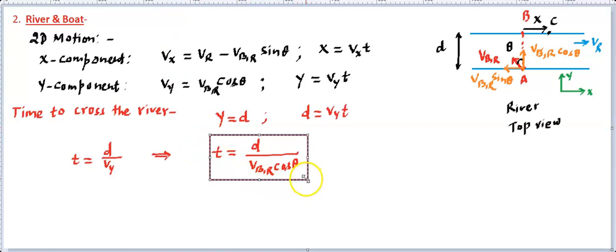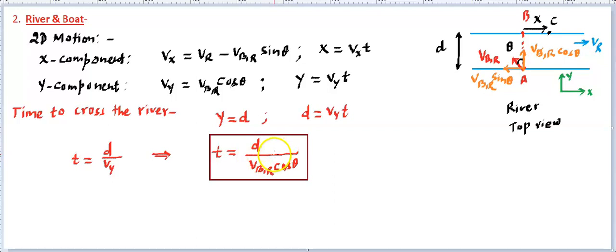Theta will be given to you, VBR will be given to you, d will be given to you. We can find the time it will take to cross the river. And of course we need to put d and VBR in the same unit system, or probably the SI unit system. Theta will be given to us, or theta will be used to find out other things as well. So this is the time to cross the river.